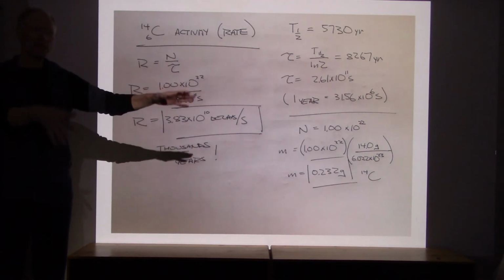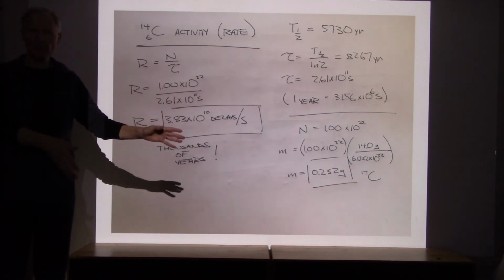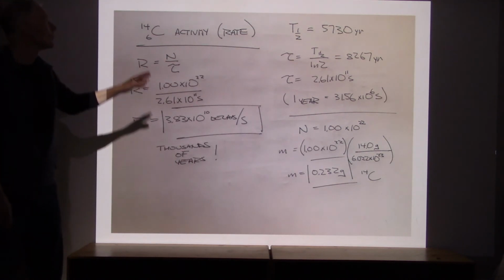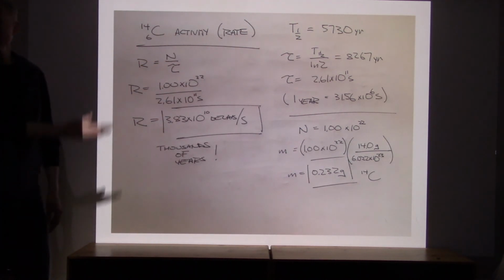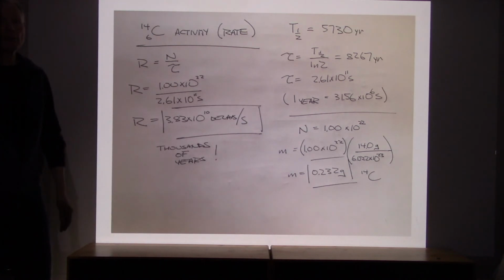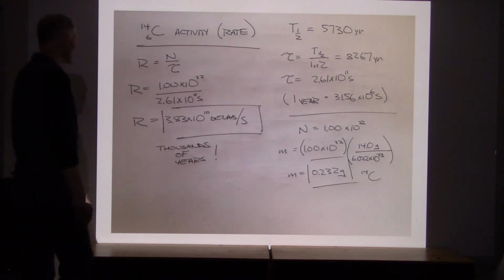So you're going to continue to get billions and billions of decays every second for thousands and thousands of years into the future. This stuff is still going to be around. There's going to be a significant amount still around 40, 50,000 years from now. There's still going to be measurable amounts of this, and it's going to be decaying.